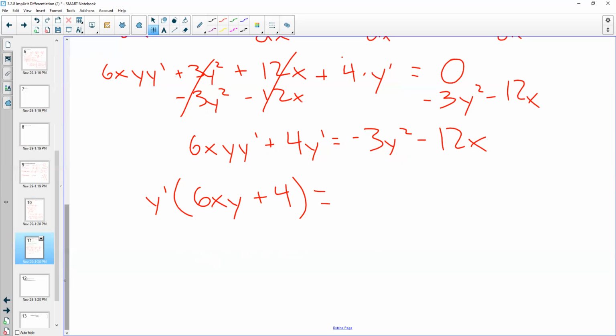Can we simplify or factor this guy right here? Negative 3? Yeah, excellent. Y squared plus 4x. Okay, and now we will just divide by our 6xy plus 4.